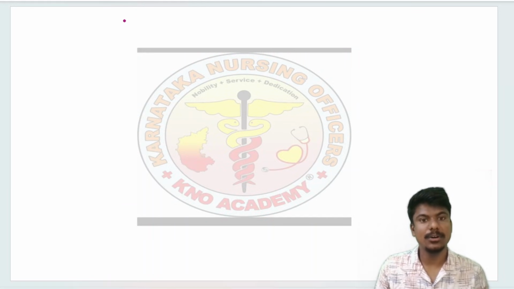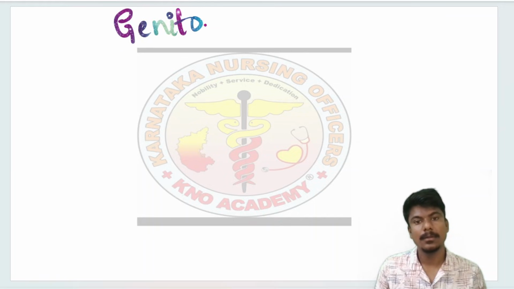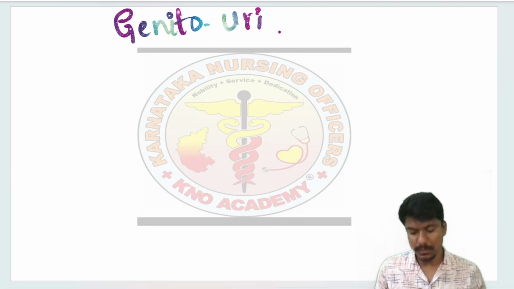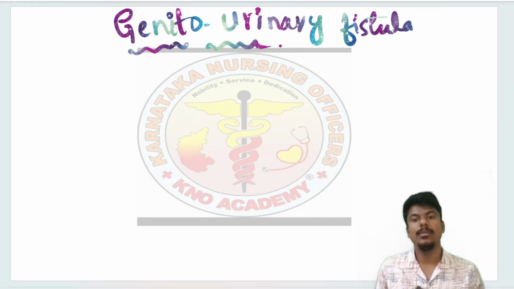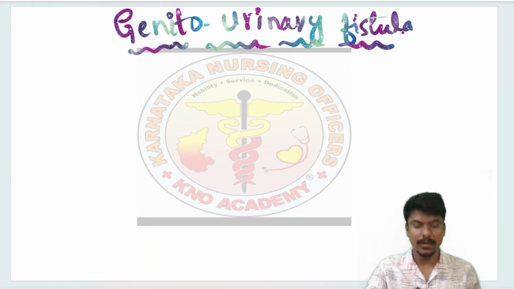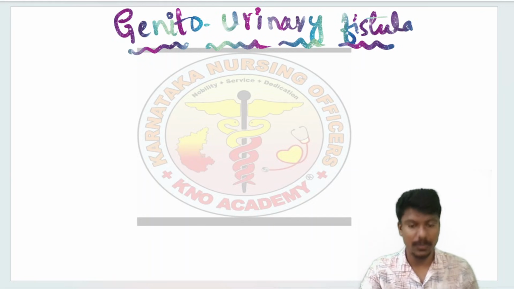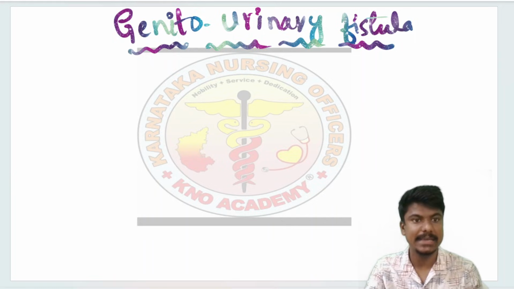See here, here is the topic: genitourinary fistula. Most probably, due to the labor, due to the obstructed delivery, this is the case.